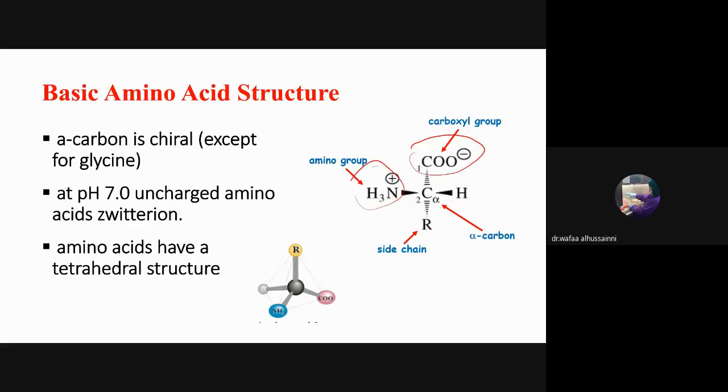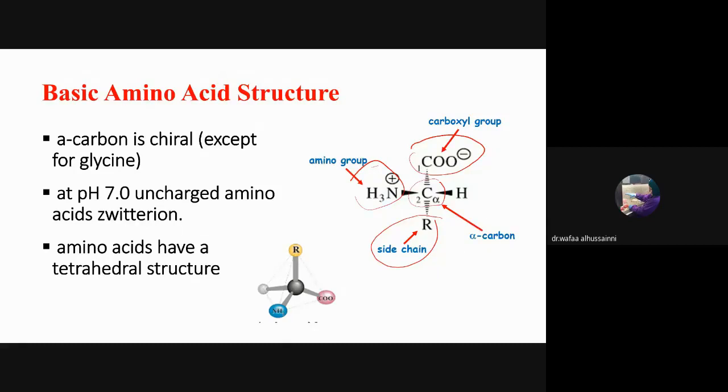It has an amino group. It has an alpha carbon which is connected to all those groups, and then it has an R side chain also connected to it. At pH 7, the amino acid which is uncharged goes zwitterion.